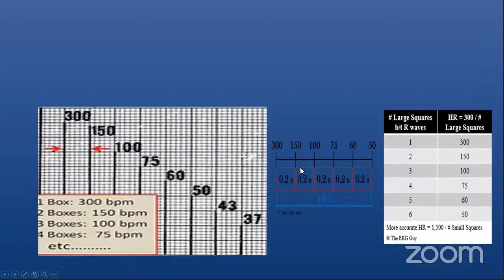We know that each large box is about 0.2 seconds, so 5 large boxes will be about 1 second. So it's a very simple way of remembering instead of dividing: 300, 150, 100, 75, 60, 50. That's how you calculate the heart rate.